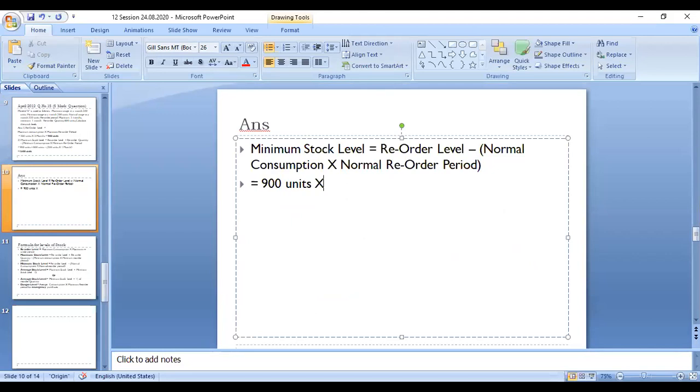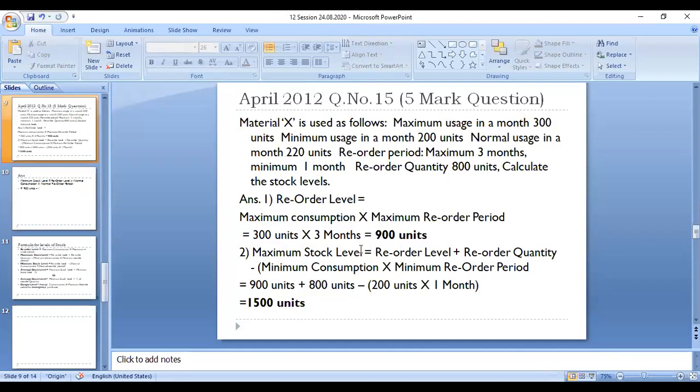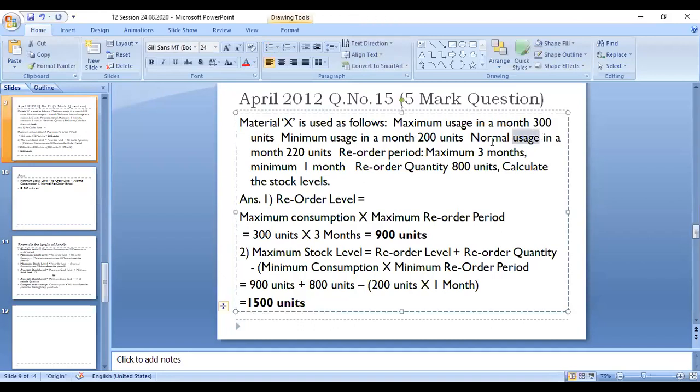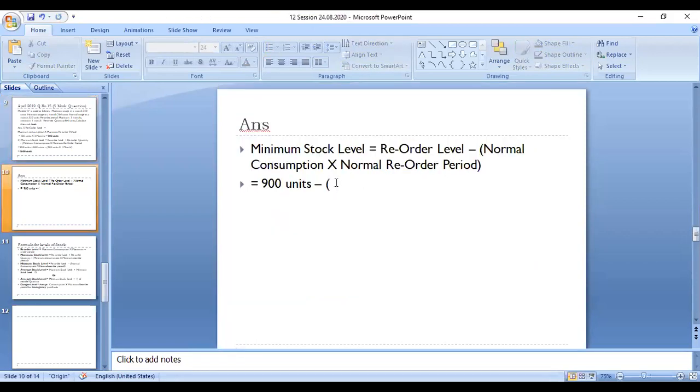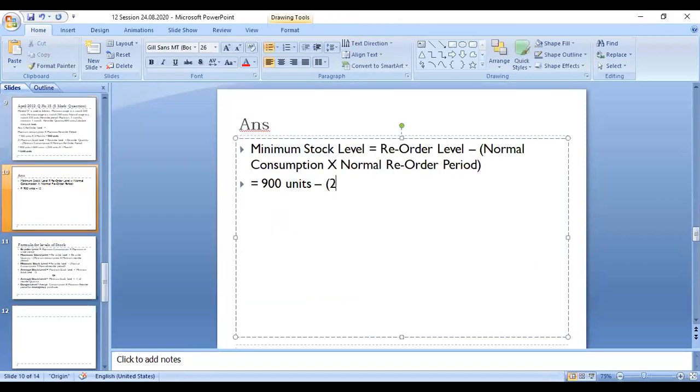So reorder level minus, then open the bracket. What is normal consumption? Normal usage and consumption can be used interchangeably. So normal consumption is 220 units, multiplied by the normal reorder period.